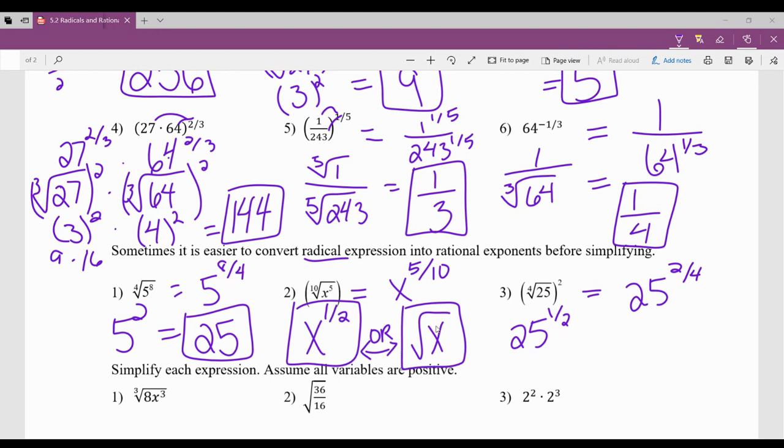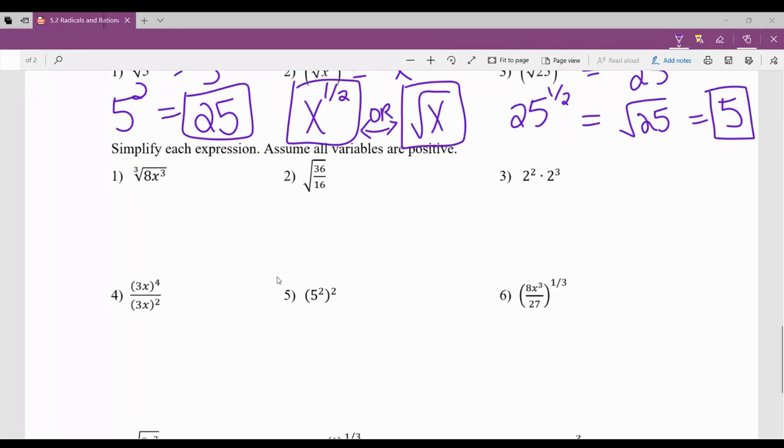Okay, and I'm going to write it in radical form. So 25 to the 1/2 is the same thing as power over root, so the square root of 25 raised to the first power, but we don't really need to write that 1 as an exponent. So I know the square root of 25 equals 5. That's my final answer.